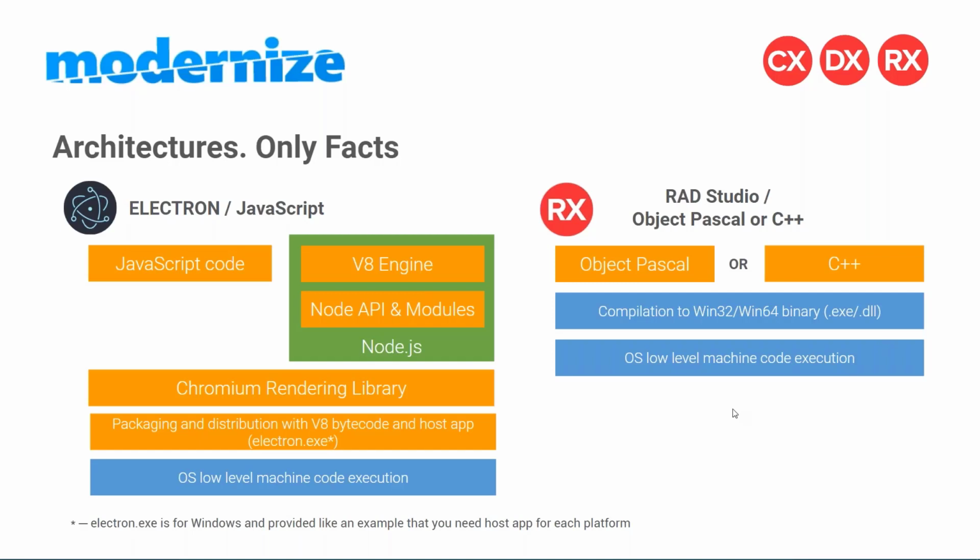You can see how many layers we have on the left side and on the right side, and this is why we talk about all these additional resources which we have to sync and be responsible for. When we are distributing any Electron or JavaScript-based framework application, we are responsible for the quality of the Chromium rendering library and how Node.js is working, because we won't explain to our customers why our application works this way and has bugs in the Chromium rendering library. These are also our issues and problems.